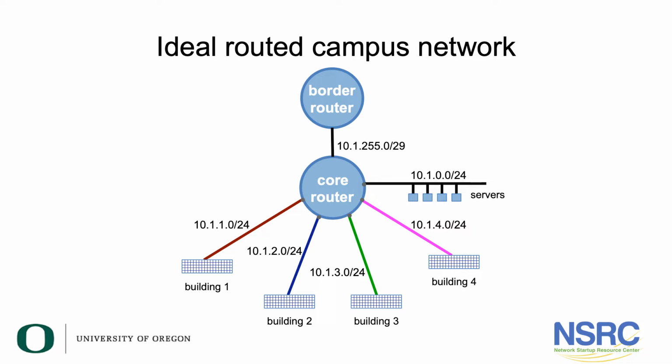Remember, this is so that you can provide redundancy in terms of power and in terms of connectivity to the servers, as well as the fastest possible connection to everybody across your campus. In this example, we've picked different /24s for the links to the different buildings, and out of the 10/8 network.